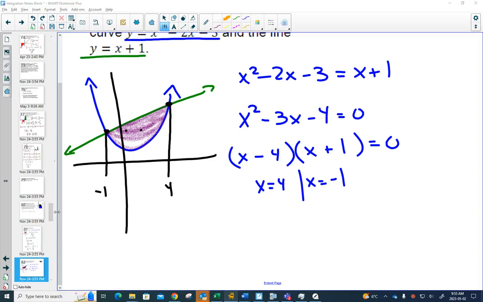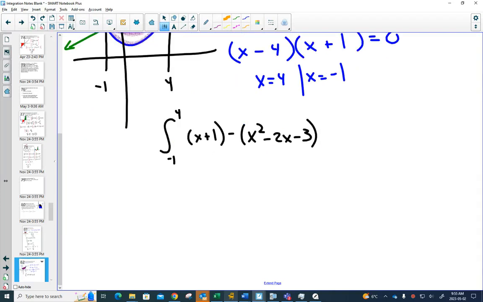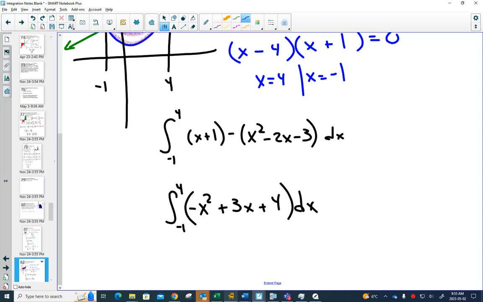Okay, so we have the integral from -1 to 4. The green one is on top. That is our x plus 1, and we are going to subtract the blue one, which was our x squared minus 2x minus 3, dx. If we simplify this, we are going to get negative x squared plus x plus 2x, plus 3 plus 1, so plus 4, dx.